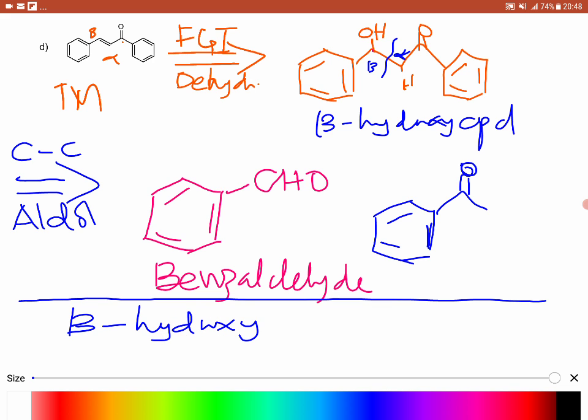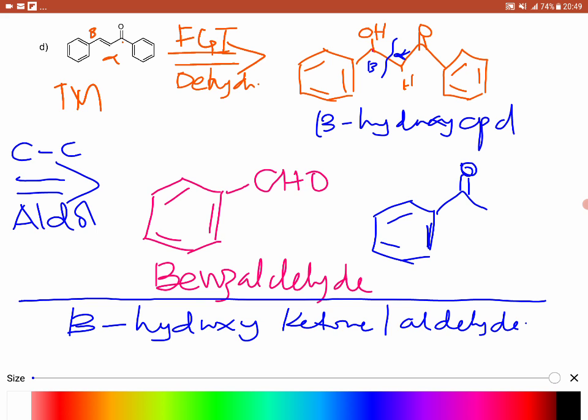So whenever we recognize a hydroxy compound, a beta hydroxy ketone or aldehyde, then this is an indication that the target molecule is made by aldol reaction.